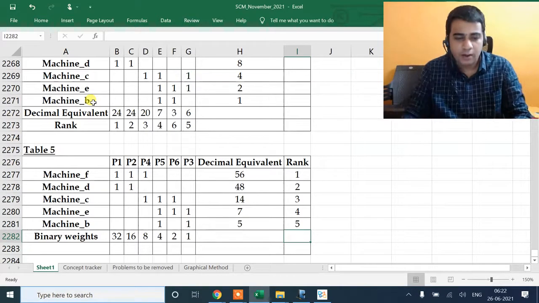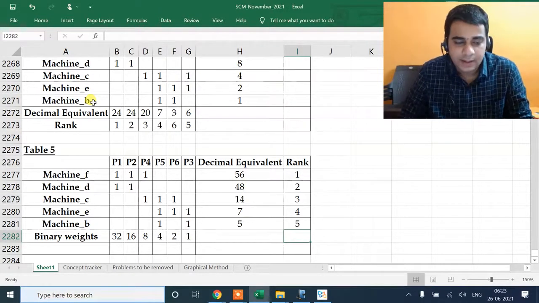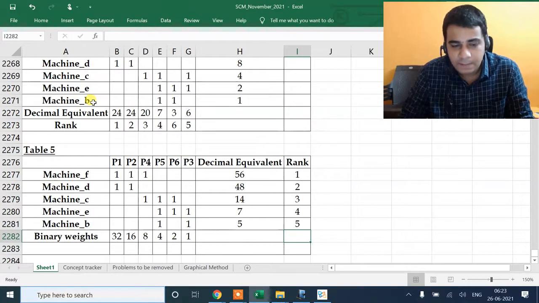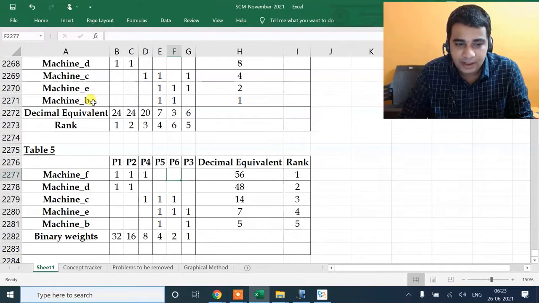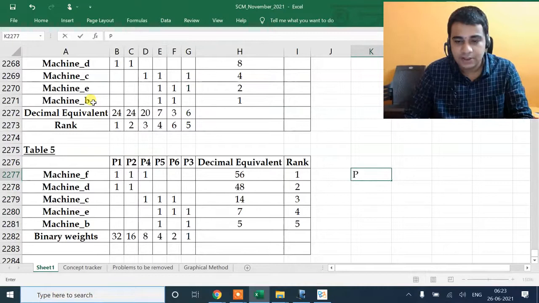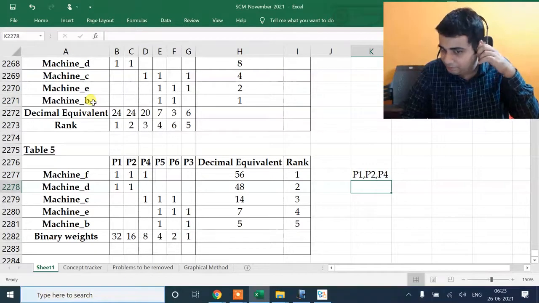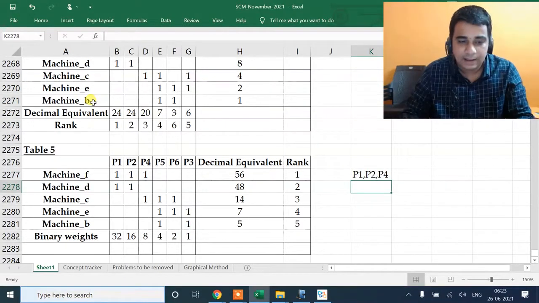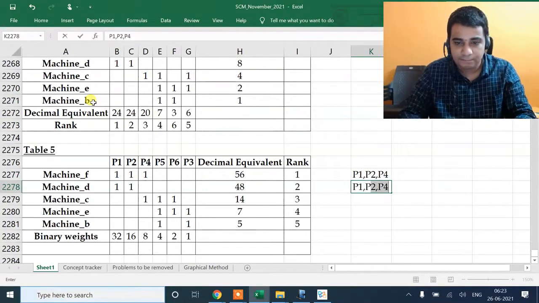Okay, now what we are required to do is form cells along with parts which are to be mapped with them. Now machine F is processing these three parts, P1, P2 and P4. D is processing P1, P2.